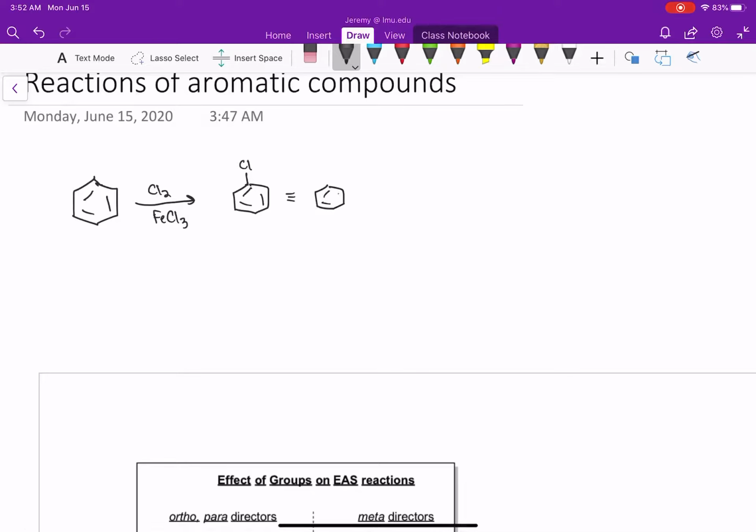You can put the chlorine in any position because it's the exact same molecule, right? These three molecules are identical. They're just rotated by 60 degrees or 120 degrees.